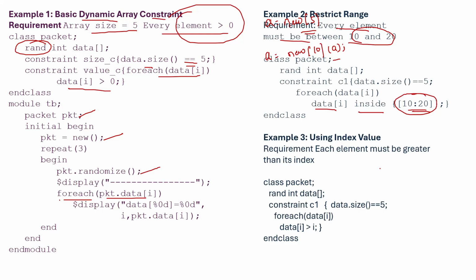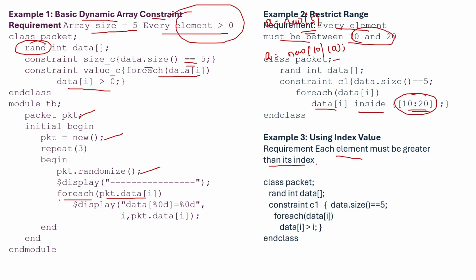And then index values. Requirement: each element must be greater than its index. That means if you are considering index 0, data should be 1 or 2 or 10, that should be greater than the index value.